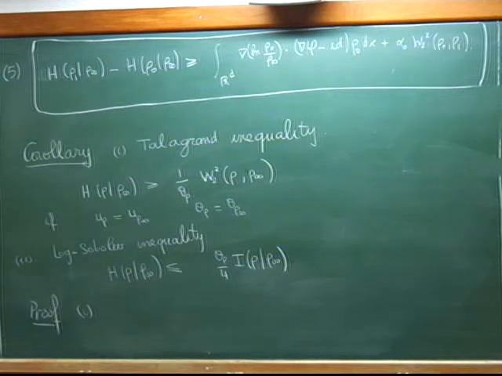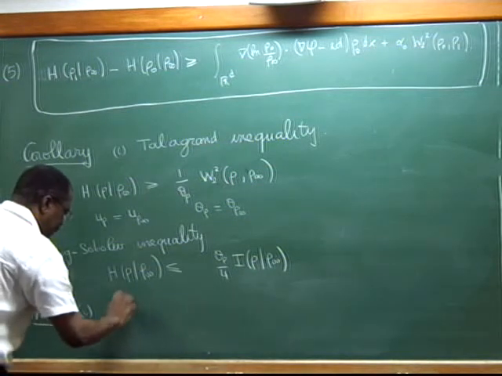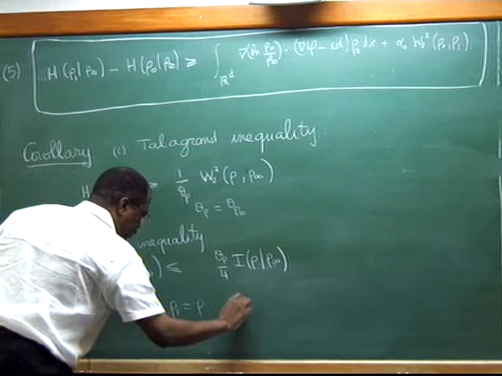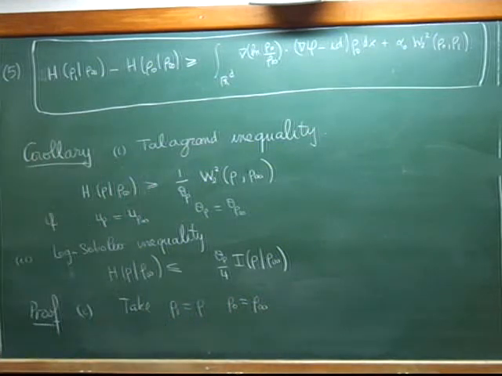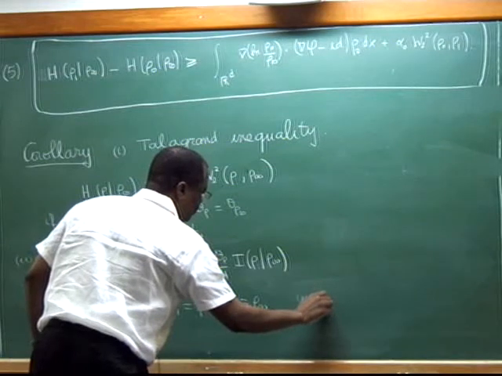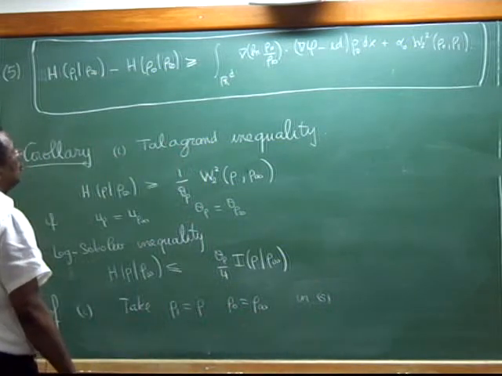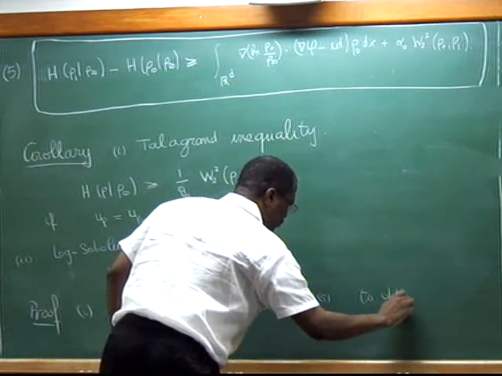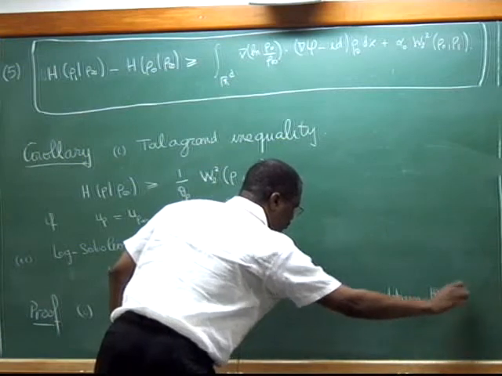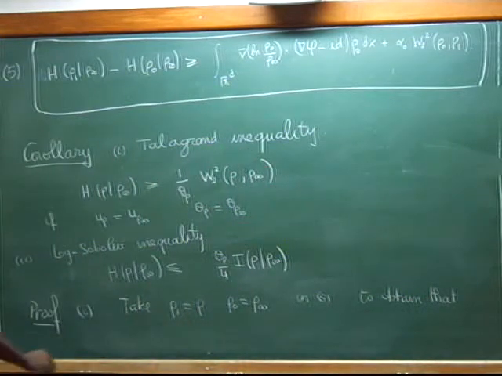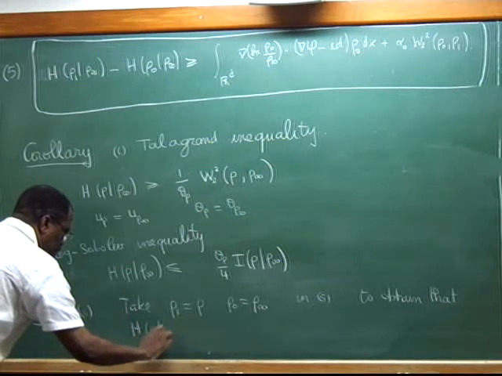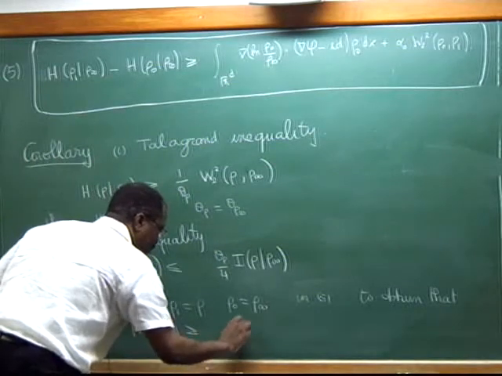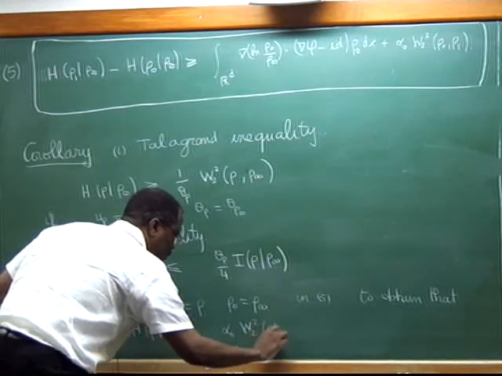Proof of I. Take rho 1 equal to rho and rho naught equal to rho infinity in 5. To obtain that, H of rho, knowing rho infinity, is bigger than alpha naught times the Wasserstein distance squared between rho and rho infinity.